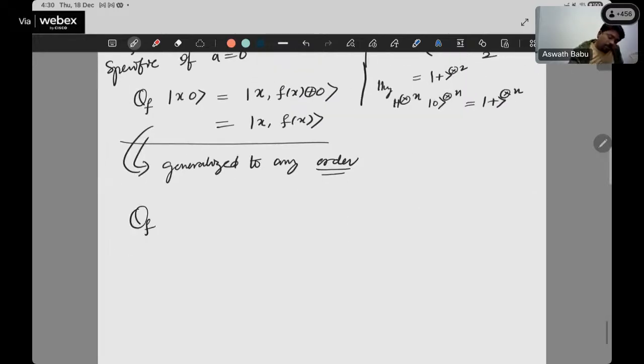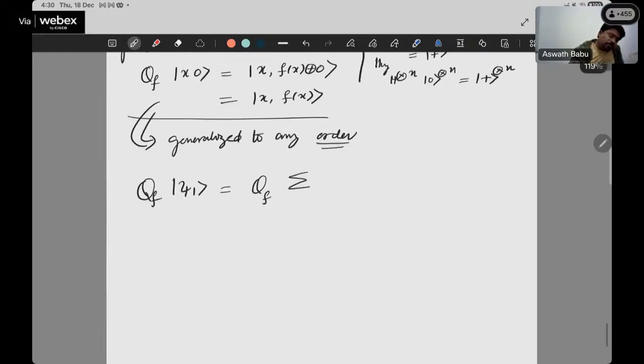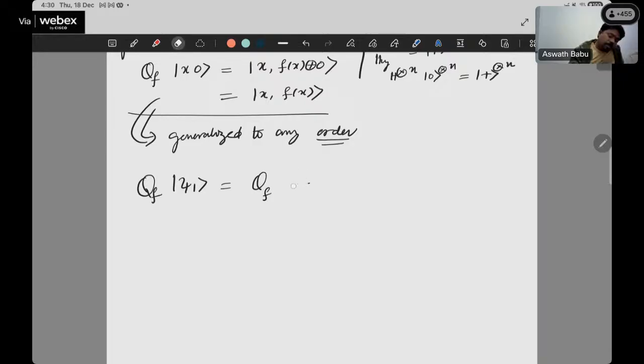Our quantum Fourier transform function acting on our psi1, which is quantum Fourier transform acting on, right? So let me write down specifically: plus ket tensor n, 0 ket tensor n. Now plus ket tensor n is also written in a different way.